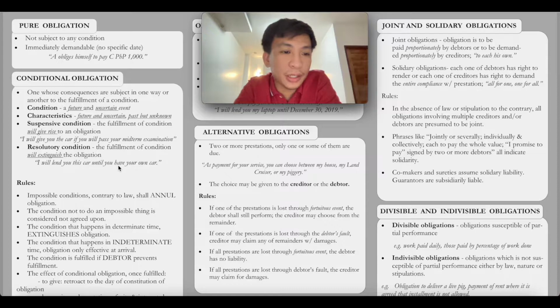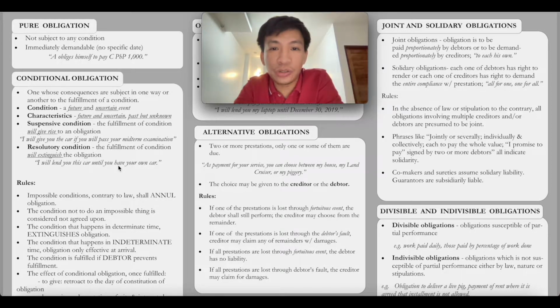Dito sa example natin, I will lend you this car until you have your own car. Ipapahiram ko sa iyo yung sasakyan ko hanggang sa makakuha ka na ng sarili mong sasakyan. Okay. Again, papahiram ko 'tong sasakyan ko sa iyo hanggang makakuha ka na ng sarili mong sasakyan.